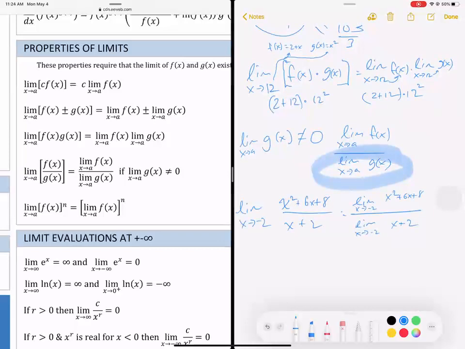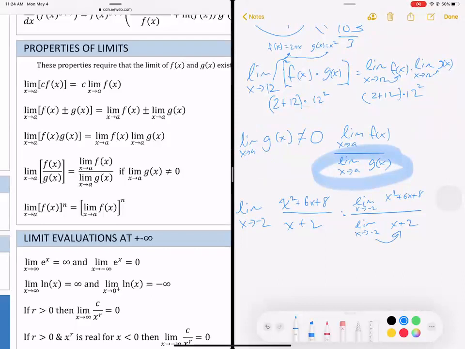Well, according to our clause here, where g of x, the bottom fraction, cannot be 0, if I did plug in -2, don't we end up dividing by 0? That means we cannot use this rule, right? Because it does equal 0.